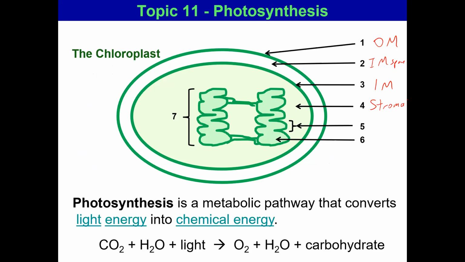Remember, the stroma is where the Calvin cycle occurs, and we do have these thylakoids. Sorry, I didn't plan this well enough to think about writing on the screen. That's where the light reaction occurs, and then we have the thylakoid space. Take a look at the notes I did on that because we did draw a diagram, and I made some notes about what's going on in those different locations. So the stroma is where the Calvin cycle is occurring, and the thylakoids are where the light reactions are occurring.